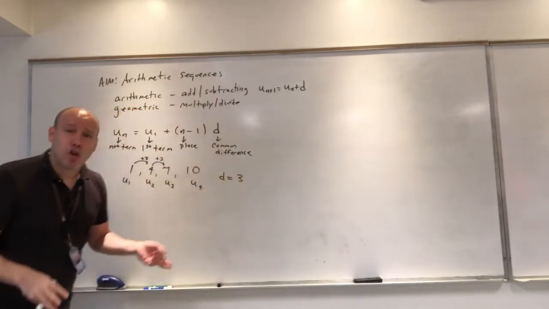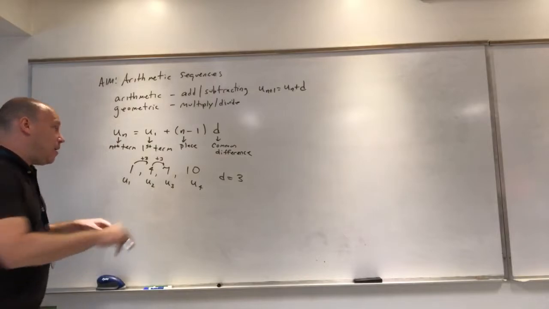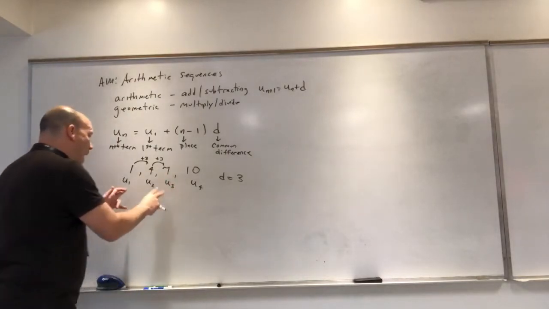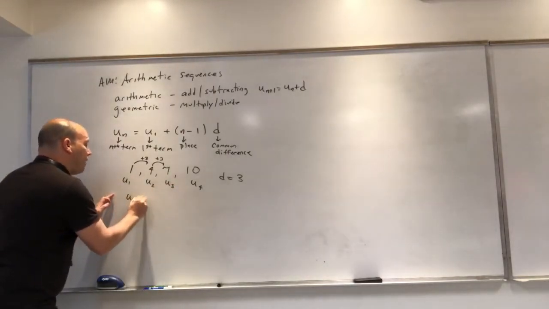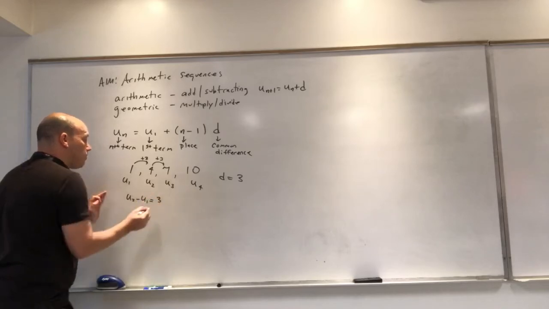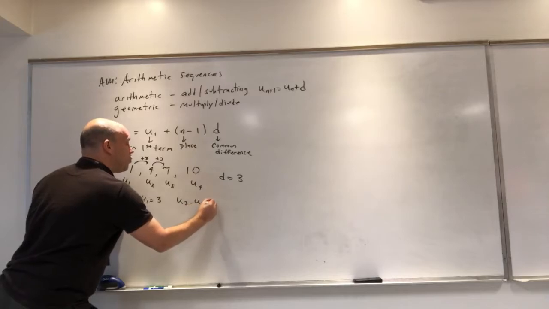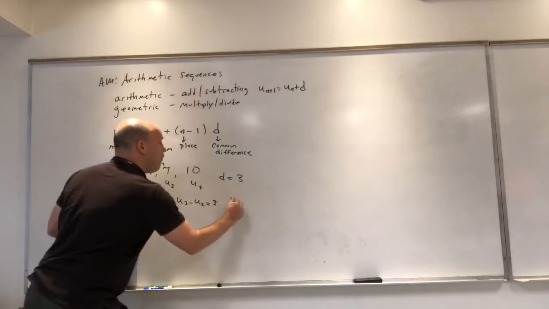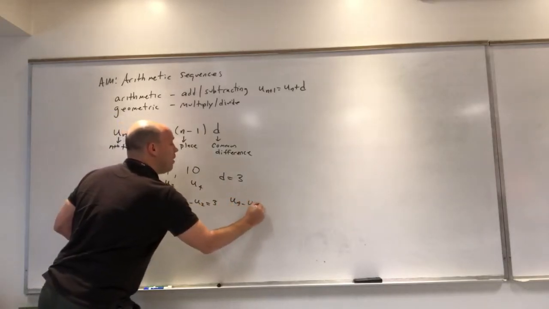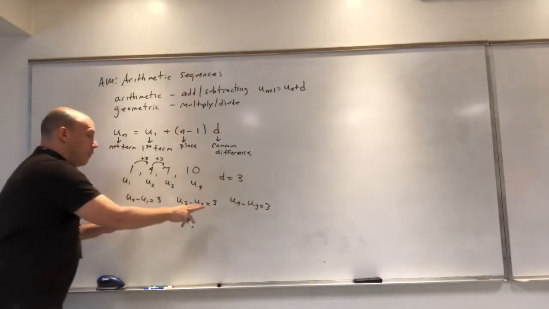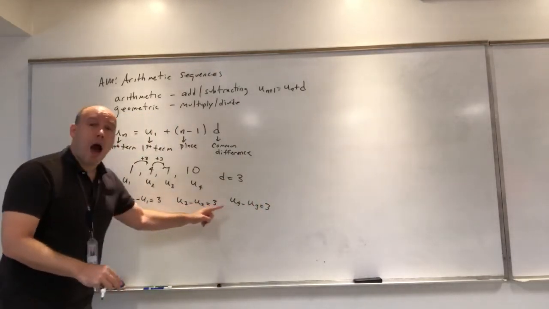A fancier way is that u of 2 minus u of 1 equals 3. And u of 3 minus u of 2 equals 3. And u of 4 minus u of 3 equals 3. And so this is the fancy way of showing the common difference.